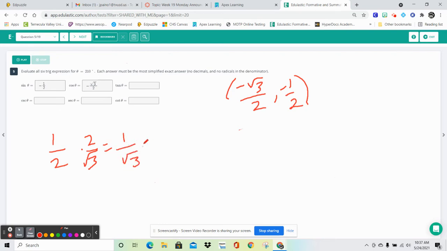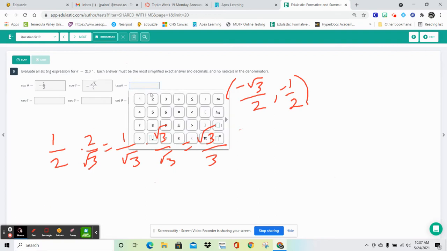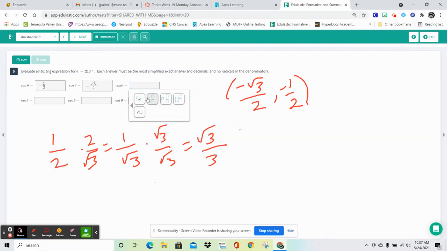Then you multiply the top and bottom by rad 3 to rationalize it, and you get rad 3 over 3. So that's my tangent: rad 3 over 3.